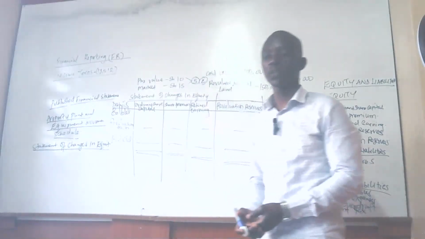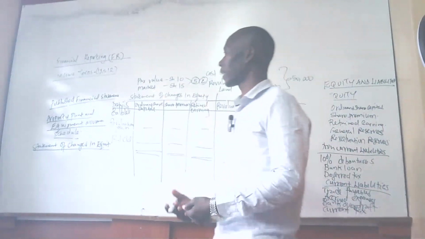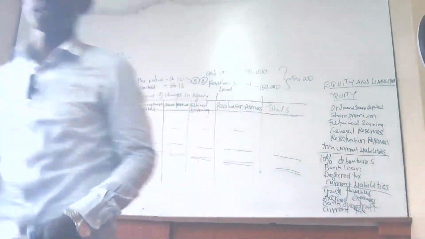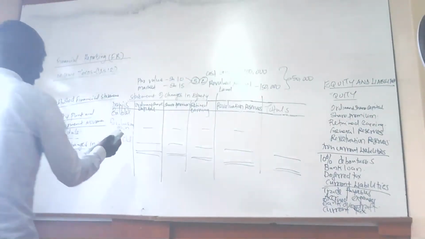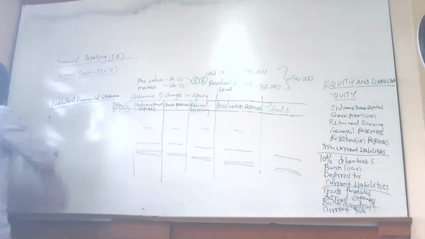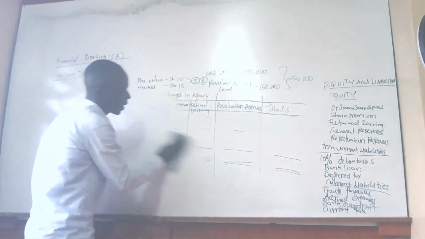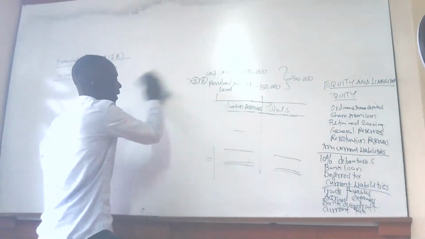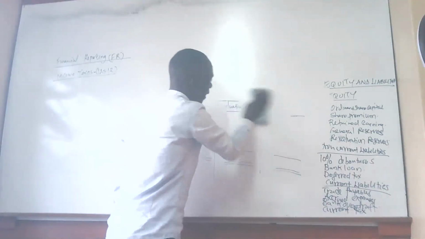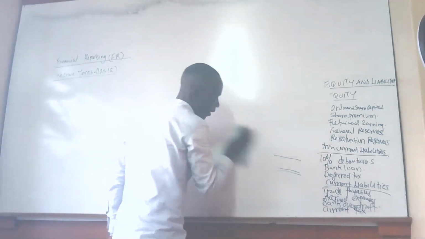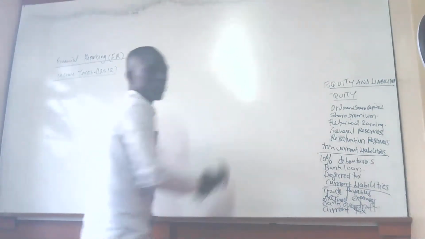A group financial statement is where you find that you have various companies. For example, when we talk about a group, this is a relationship between the parent and the subsidiary. So a short briefing about the group.